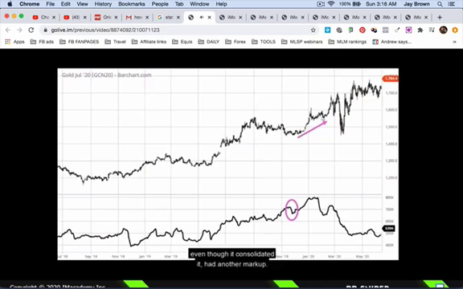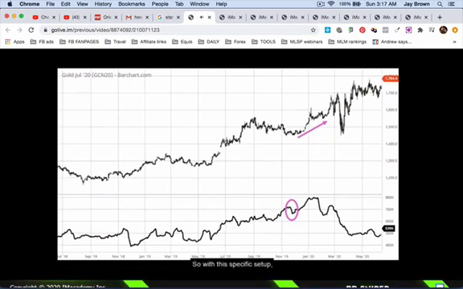Even though it consolidated, it had another markup, all the way into March before we got this monstrosity in here. But nonetheless, open interest here was able to give us more confidence for that run higher into February.